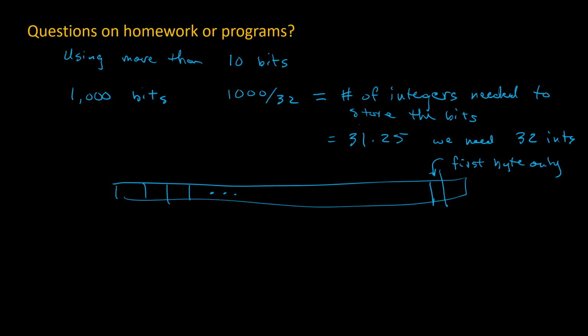What we could do for our bit set is, if somebody comes in and says, we want bit, give me a number between 0 and 1,000. 18. Yeah, I guess that'll work. So for 18, we'd say, since we're using it as an index, we probably want to use the floor.